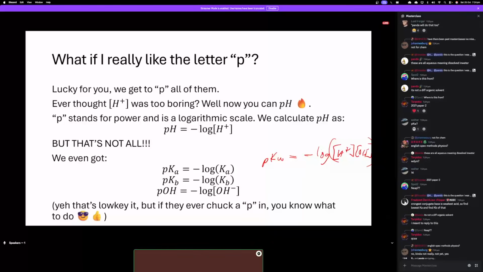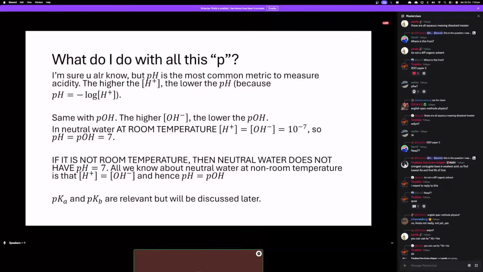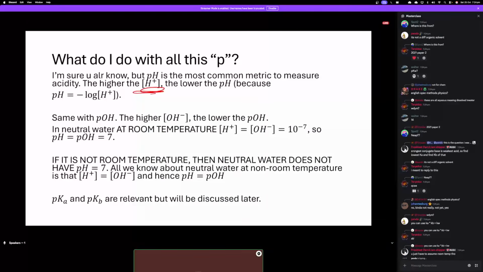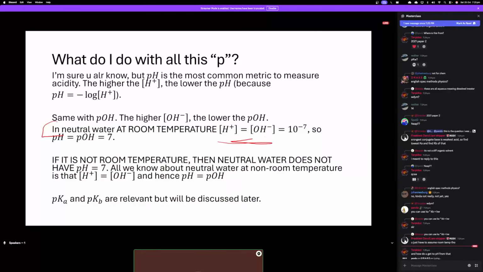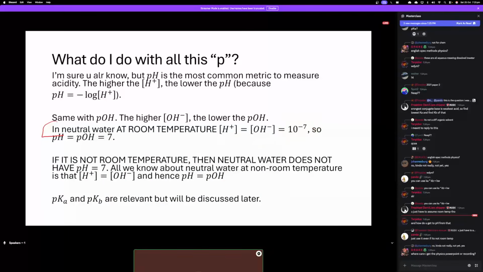So what do you do with this? pH is the most common metric to measure acidity. So the higher the concentration of H plus, the lower the pH. I think you're pretty familiar with that. We can do the same thing with pOH. So the higher the concentration of OH minus, the lower the pOH. Some other important things. In neutral water at room temperature, I told you that these two are equal. And at room temperature, this is true too. So pH equals pOH equals 7.